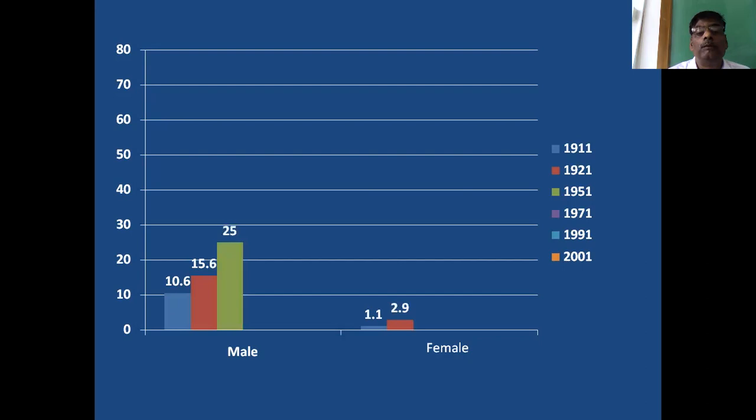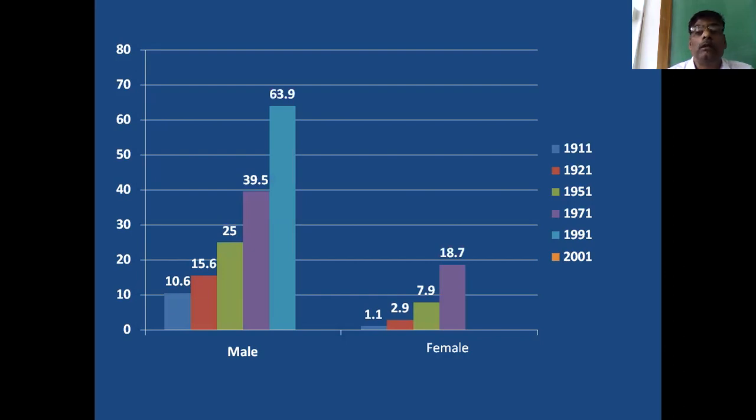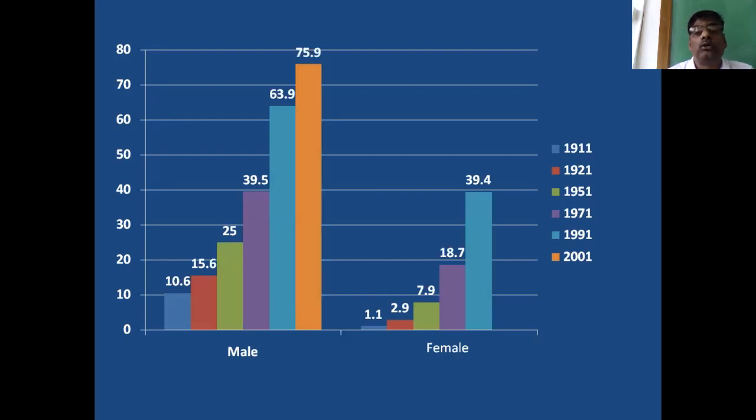Then 1951 male, 1951 female. 1971 male literacy percentage, 1971 female literacy percentage. 1991 male literacy percentage, female percentage is 39.4. 2001, 75.9 is male, female is 54.2 percent.